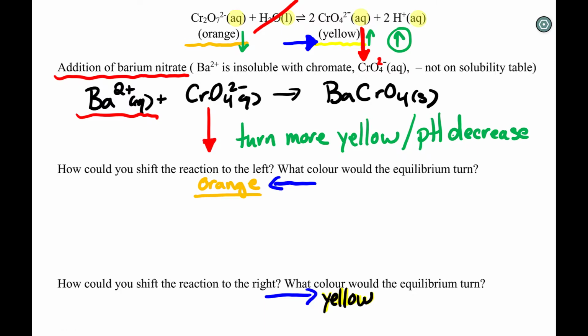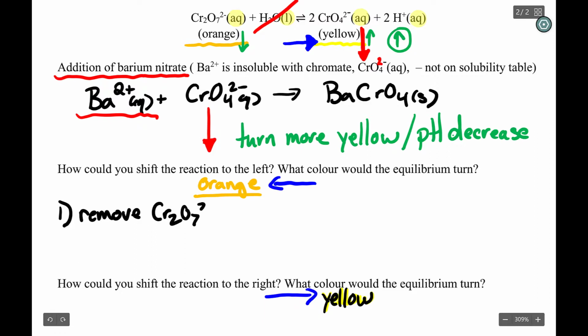Okay, now in order to get it to shift to the left, there's a number of things I could do. 1, I could remove the Cr2O7 2-. That would cause a shift to the left, turning it orange. Now, I don't know off the top of my head any ions that just remove Cr2O7 2- and not CrO4 2-, but theoretically we could do that. 2, we could add chromate, CrO4 2-.